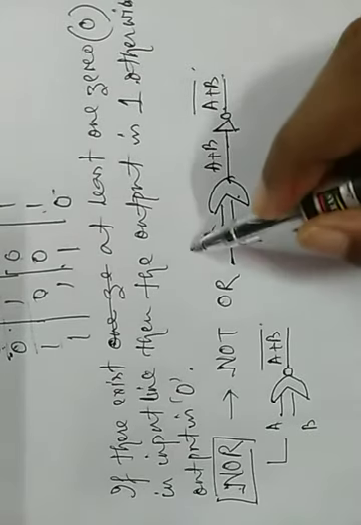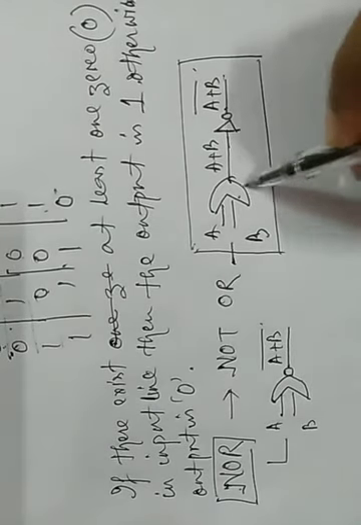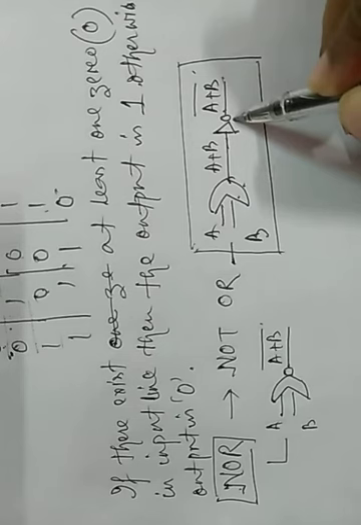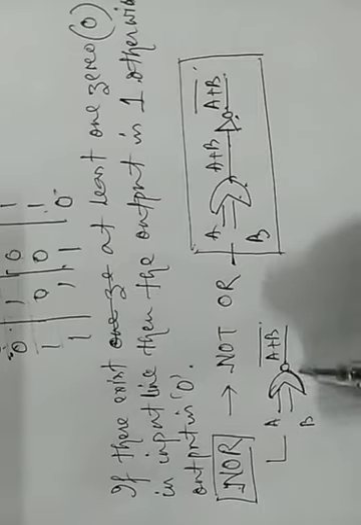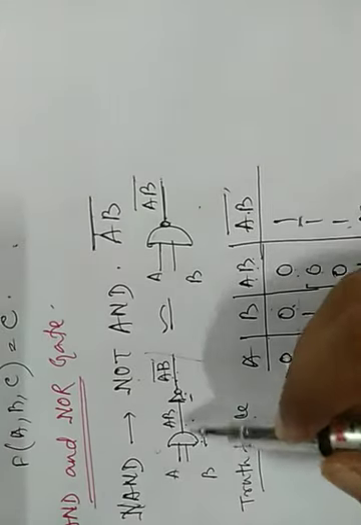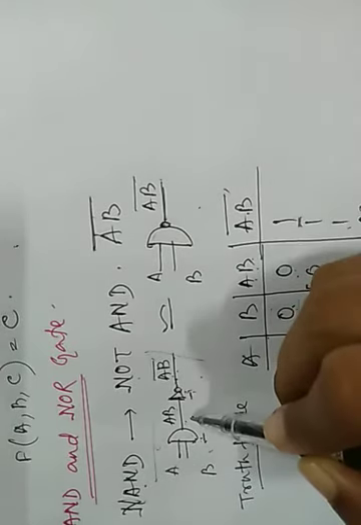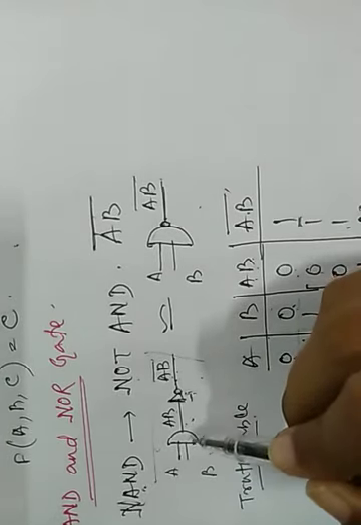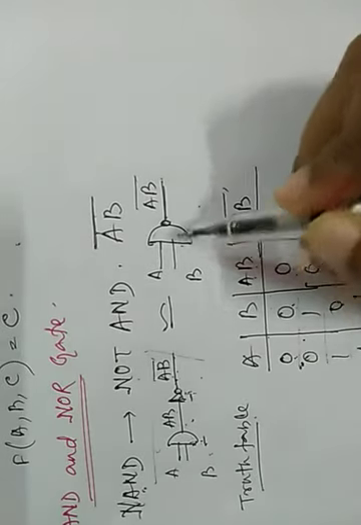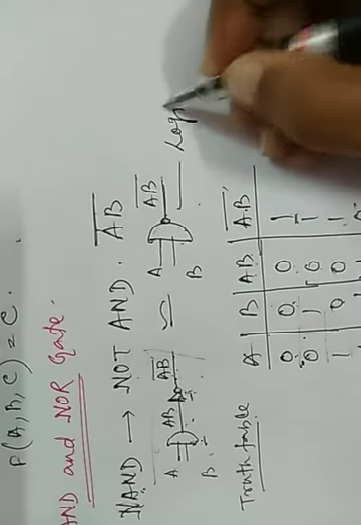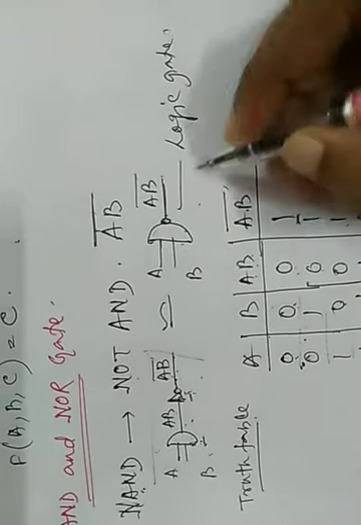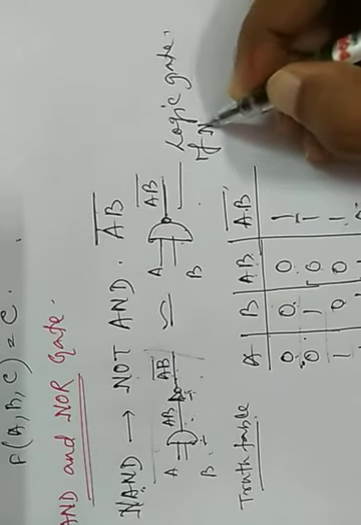This is the implementation of the NOR gate using basic logic gates, because the OR gate and NOT gate are basic logic gates, mind it. And this is the logic gate of the NOR gate. Again, this is the implementation of the NAND gate using basic logic gates, with the AND gate and the NOT gate. So this is the logic gate of the NAND gate.